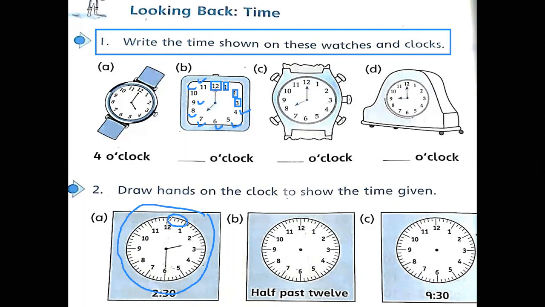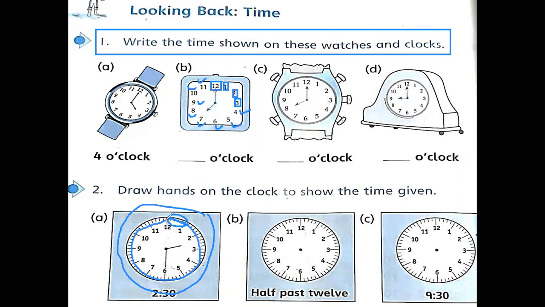So in between two numbers, there are 1, 2, 3, 4, and 5. Between two numbers, there are 5 minutes. So if we count minutes from here to here, we get 60 minutes.